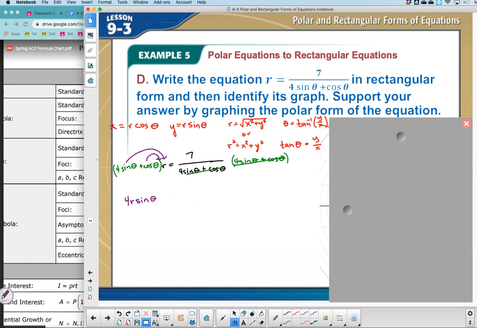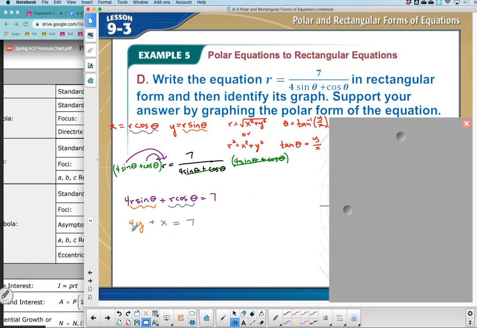And then I also have, reordering this, r cosine theta equal to 7. Well, we know our sine is y, so I have 4y there. And our cosine is x.